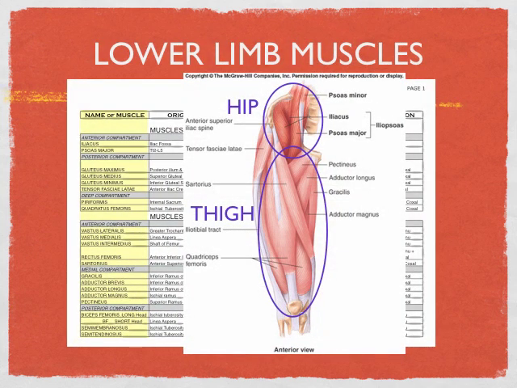As you study these, you want to be looking at pictures like the ones you see here. These are pictures from your textbook, and you can see this shows the anterior hip muscles and the anterior thigh muscles.